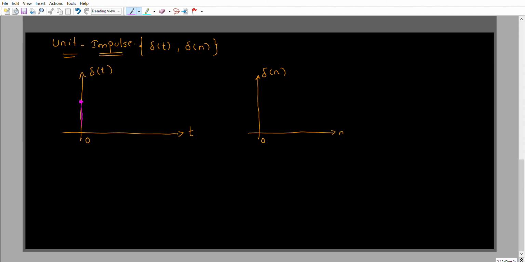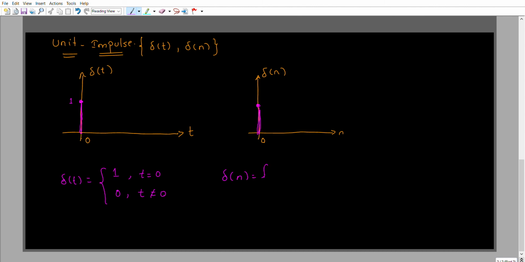As the name says, impulse is a sudden appearance. So delta of t is equal to 1 when t is equal to 0. And what happens when t is not equal to 0? When t is not equal to 0, it is all 0.